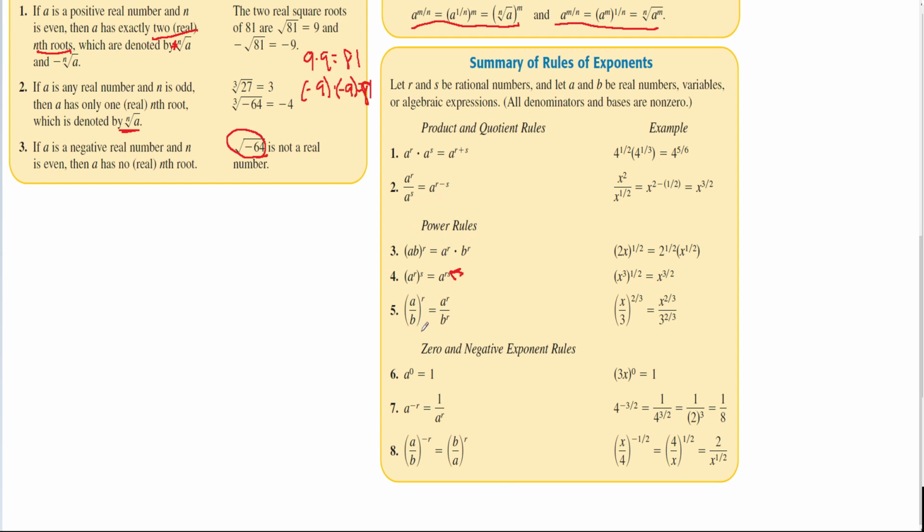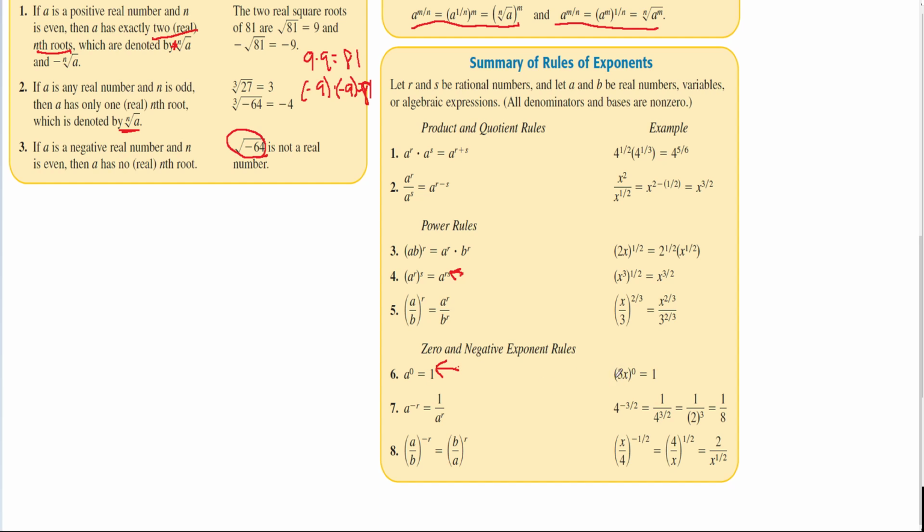And if we're dividing two numbers that are both raised to the same power, we again just distribute the power to each of those numbers. And one of the easiest definitions is some number raised to the 0 power. That's always 1, okay?